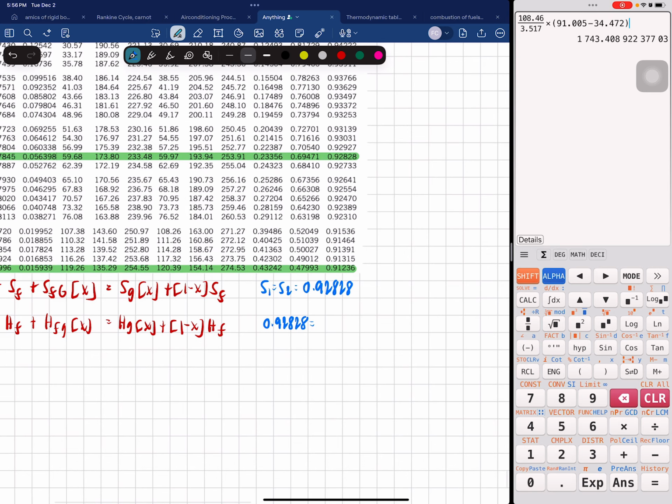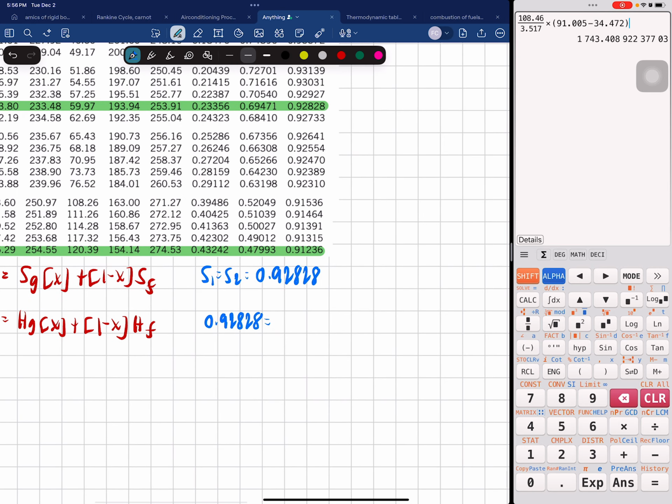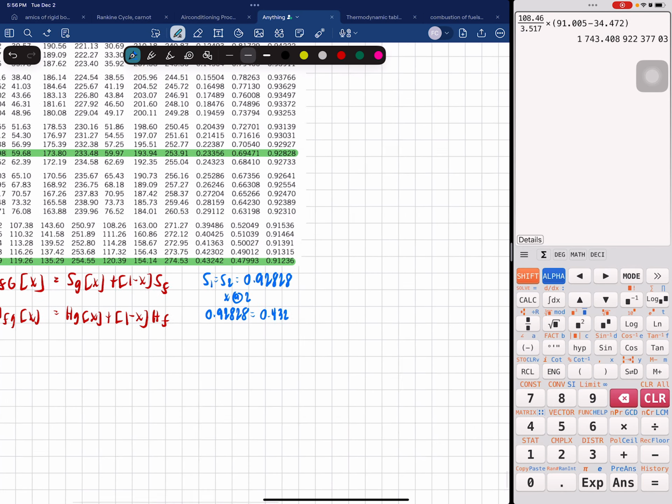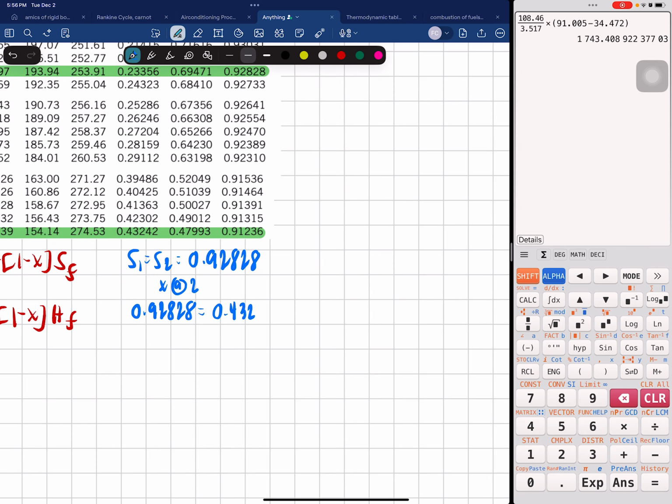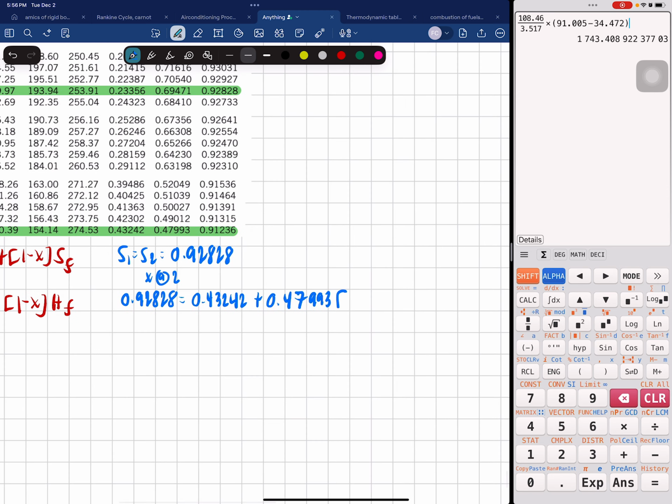SF is 0.43242. So we want to find quality X at 2. So we'll be using the second conditions. Okay, degrees Celsius. 242 plus 47993. The quality of the refrigerant here will be above 1.